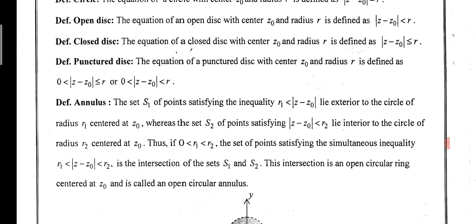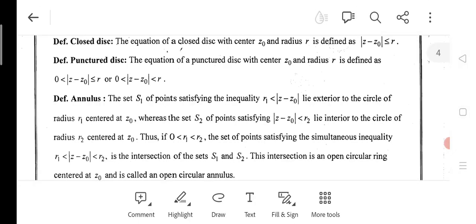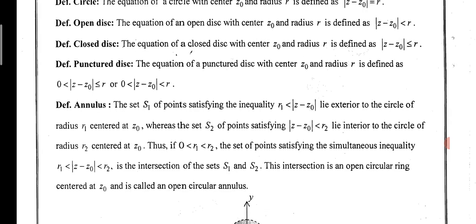Thus, if 0 less than R1 less than R2, the set of points satisfying the simultaneous inequality R1 less than mod z minus z naught less than R2 is the intersection of the sets S1 and S2. This intersection is an open circular ring centered at z naught and is called the open circular annulus.